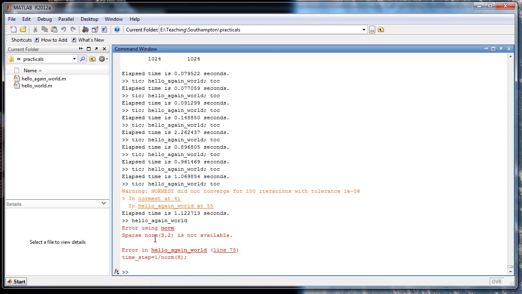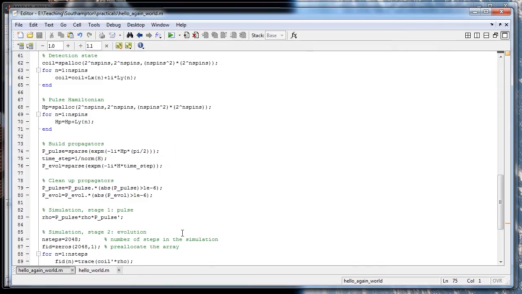So something's going on. It complains about the fact that the sparse 2-norm is not available. Line 75, so our time step, it has to be norm est. It really is available, the sparse 2-norm, it's just expensive and it defeats the purpose of using a sparse matrix, so MATLAB, in its wisdom, tells us to read the manual.